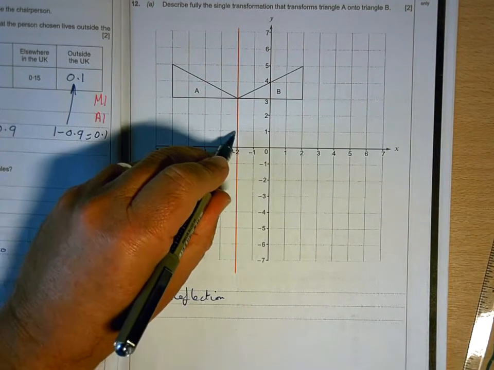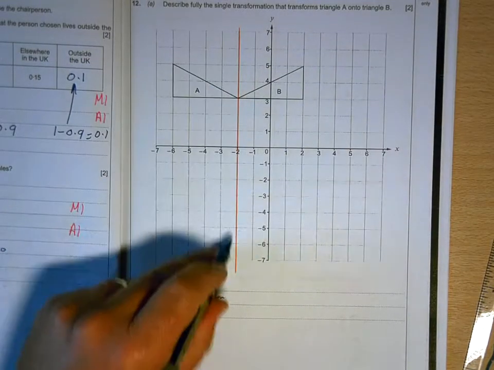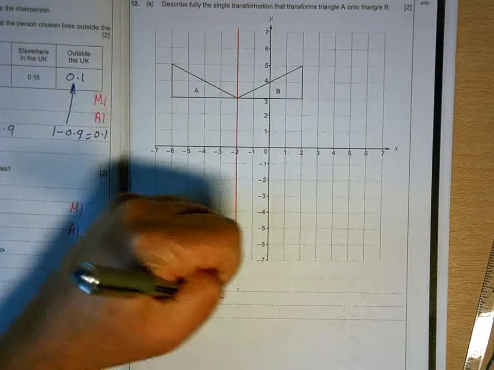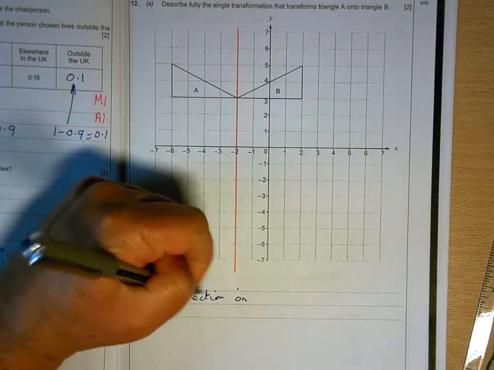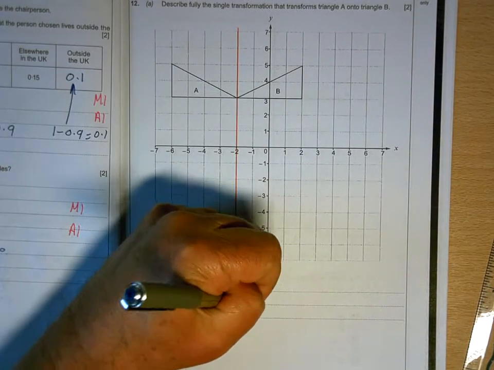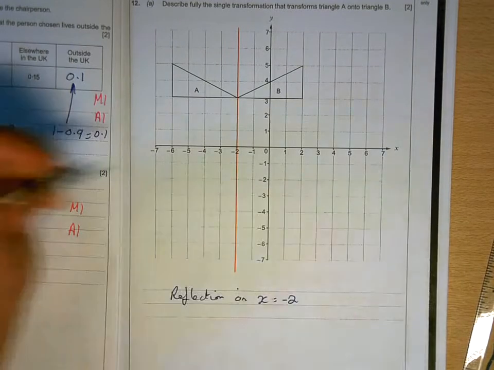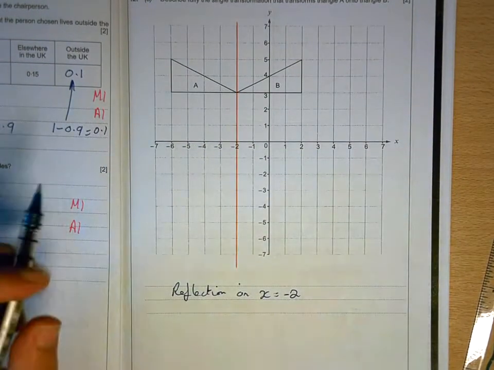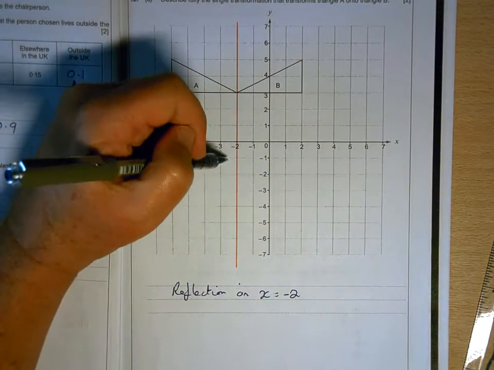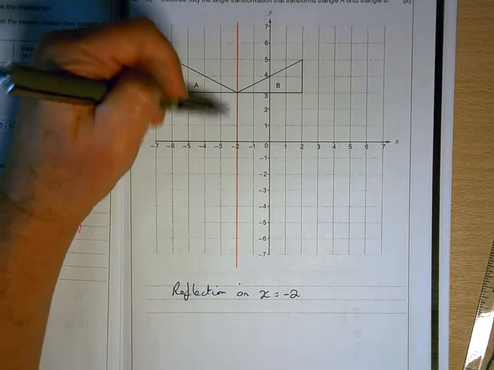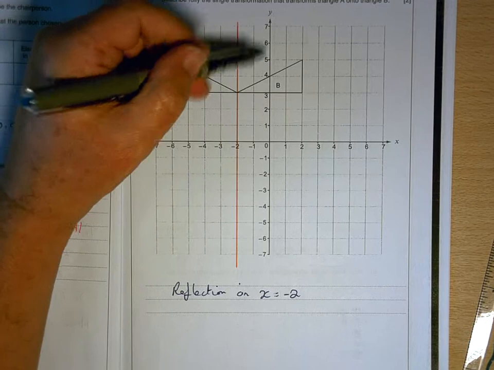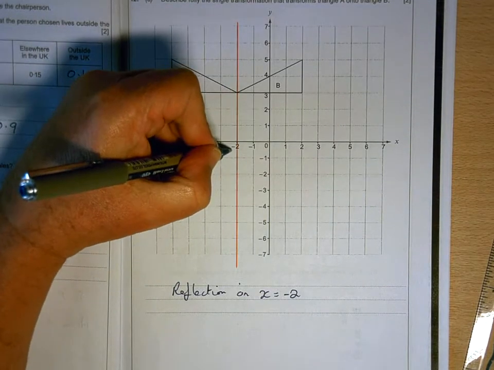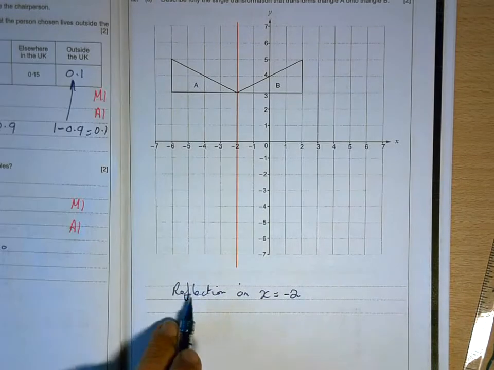Every point on that line has got the same x coordinate, so it's a reflection on the line x equals -2. Now the most common mistake to use here is to say y equals -2, because that orange line, the mirror line, is parallel to the y-axis. But it's going through the x coordinate -2, so it's a reflection.